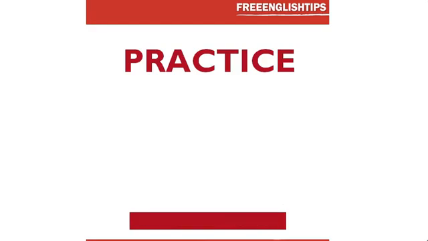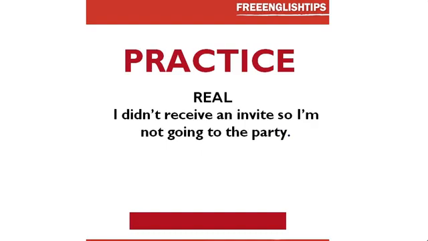Let's look at the opposite way, which says, I didn't receive an invite, so I'm not going to the party. Can you see that the first part of this sentence is about the past, something in the past which affects something in the future? I didn't receive an invite, so I'm not going to the party is mixing condition 3 with condition 2.